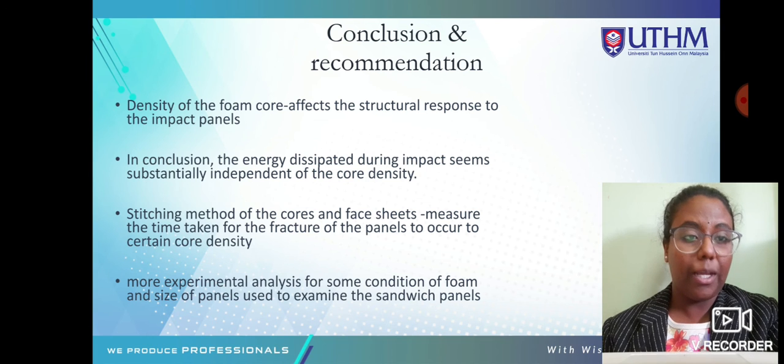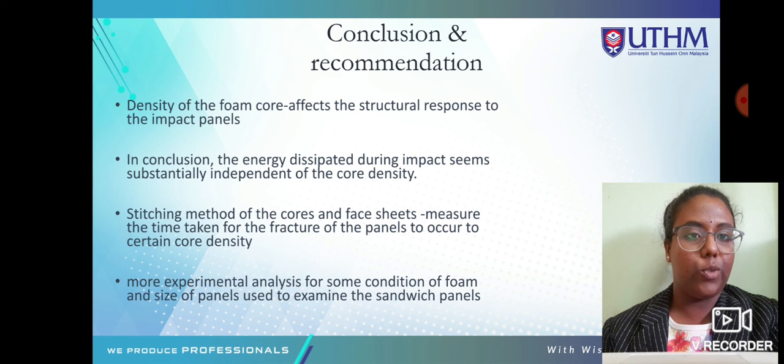The recommendation that I would like to make for this case study is to apply the stitching method to the core and face sheet. As we all know, the stitching method is a very effective way to make sure the sandwich structure is in its correct position during the impact test when low velocity impact is applied.